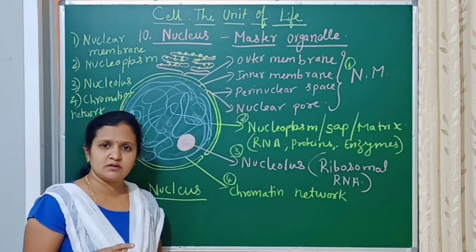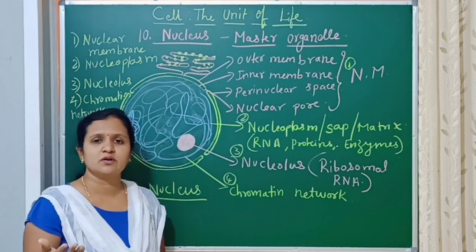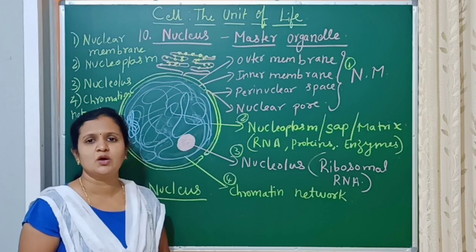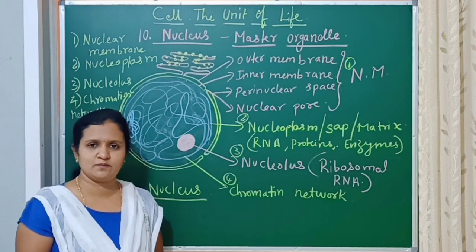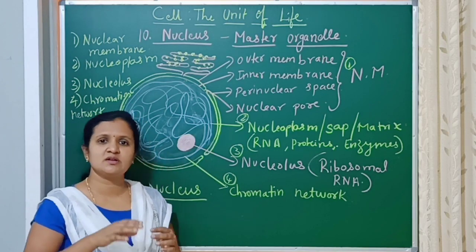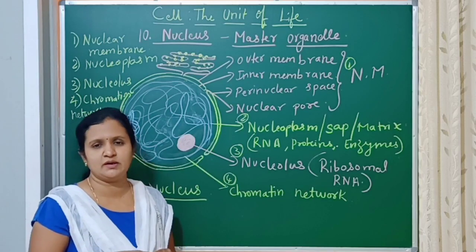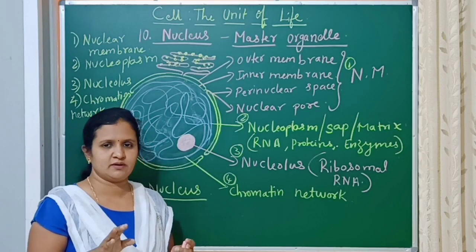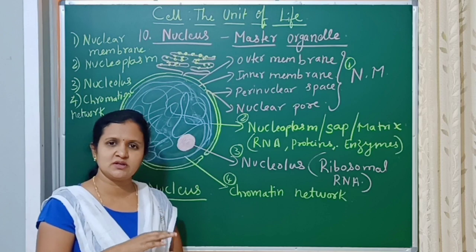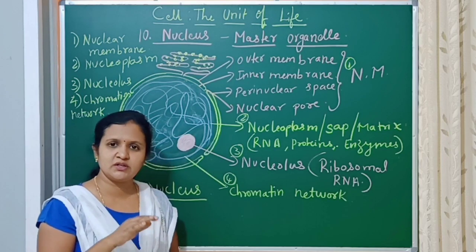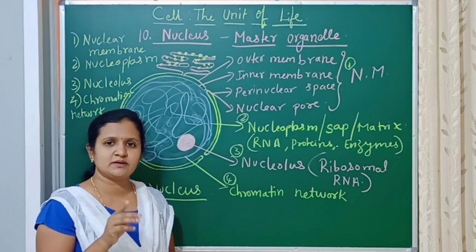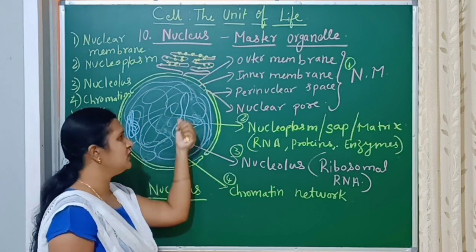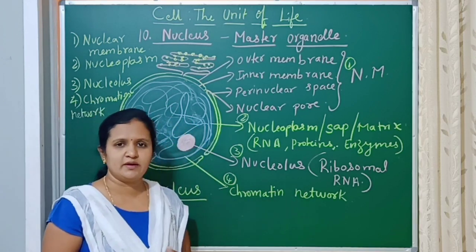This chromatin network gets organized into chromosomes when the cell starts dividing. So when you observe dividing cells, you can observe the chromosomes there, and you don't observe the chromatin network. When the nucleus is in the resting stage without any cell division, this network of DNA is called the chromatin network.